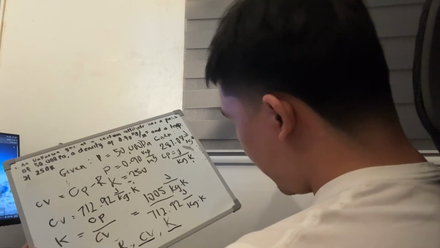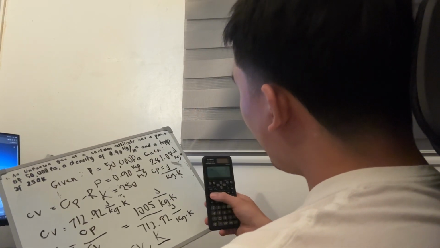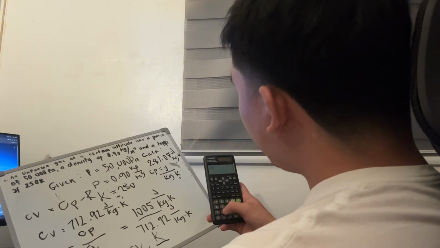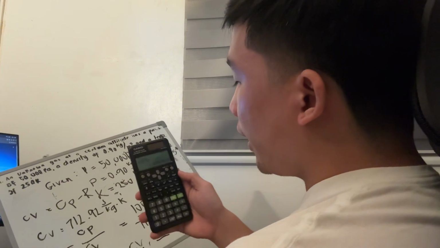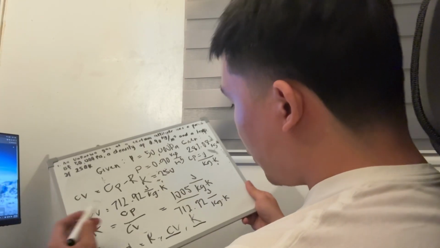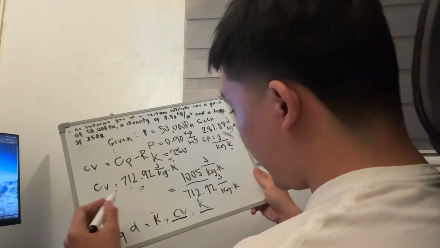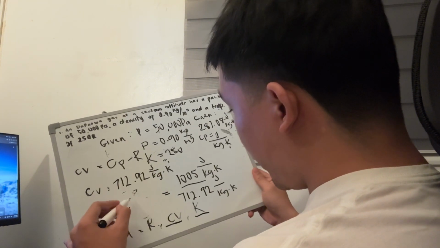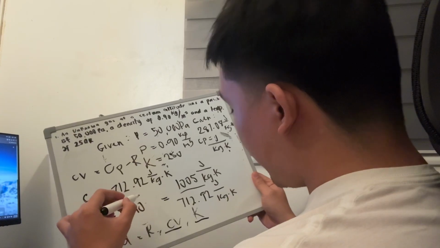So let's put it in the calculator. We have 1005 over 712.92. So for our K, we have K equals 1.4097.